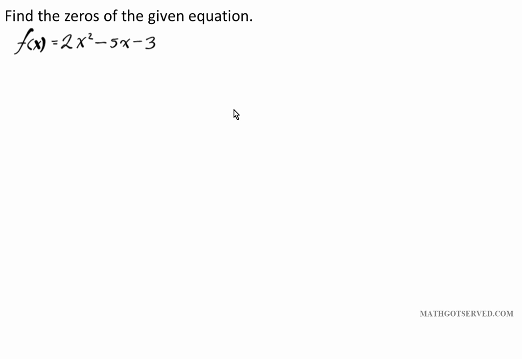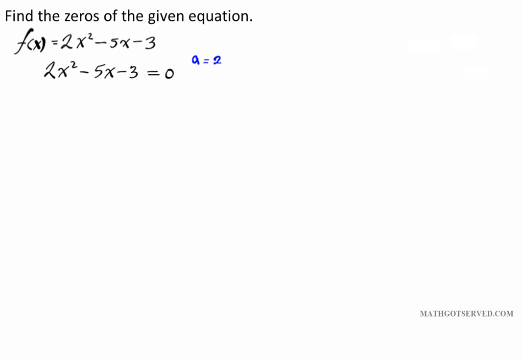What we'll do is we'll set the function equal to 0. Now this related quadratic equation can be solved in multiple ways. In this tutorial, we're going to be going over how to solve this equation using the factoring by grouping or the AC method. In order to do that, first of all, we need to determine what A, B, and C are.